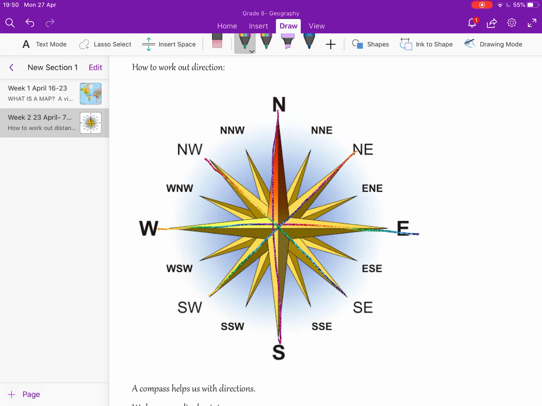And then we get our other tertiary points, which is north, northeast, east, northeast, east, southeast, south, southeast, south, southwest, and west, southwest, west, northwest, and north, northwest. In total, we have 16 different directions that we need to know.